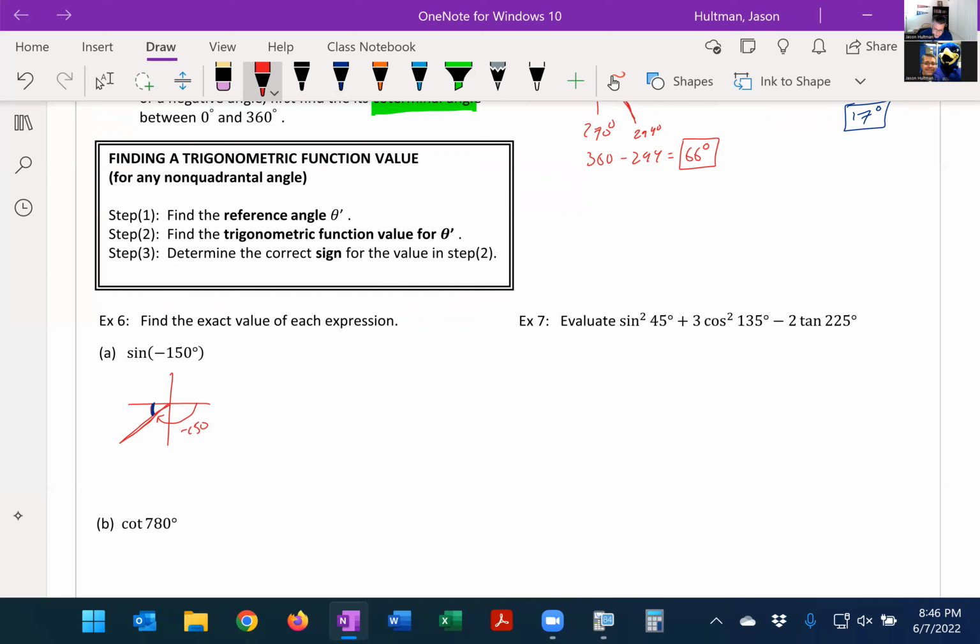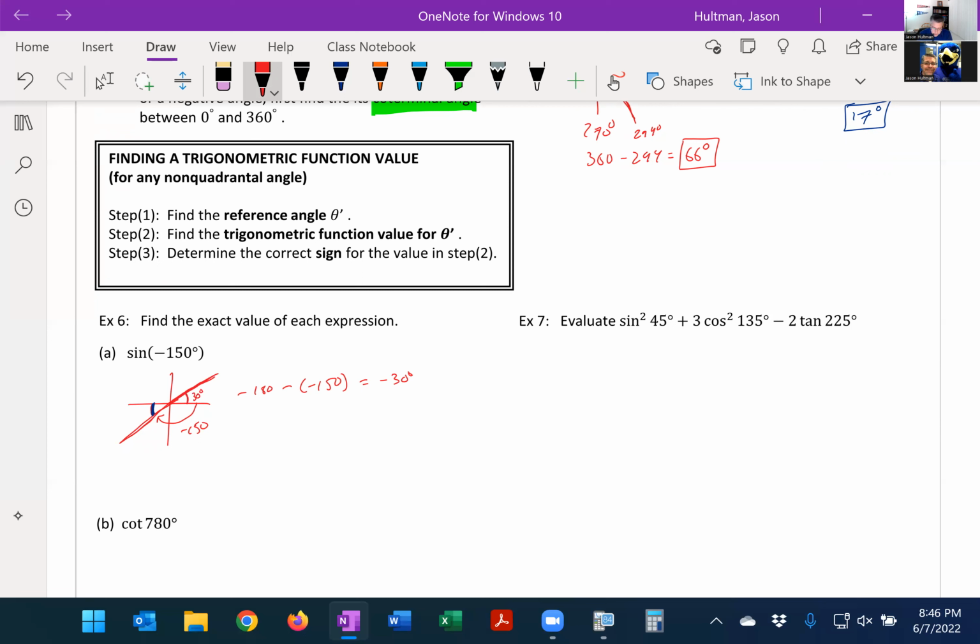The x-axis would be negative 180. So if I take negative 180 and I subtract off negative 150, I get negative 30 degrees. So I'm at negative 30 degrees. So we find a reference angle for this. The reference angle would be actually 30 degrees. Okay, it would be rotated 180 degrees.